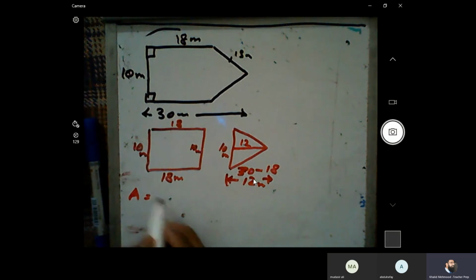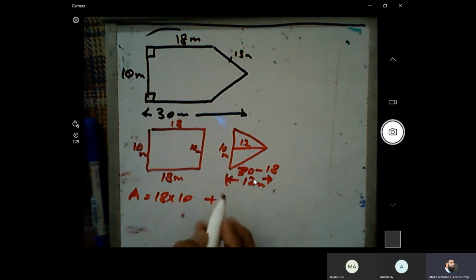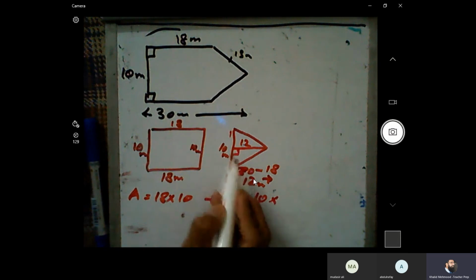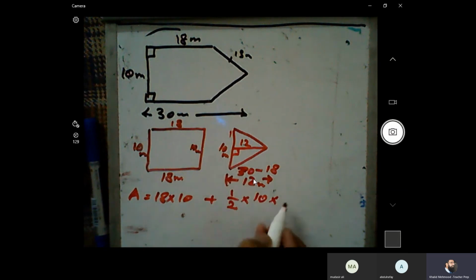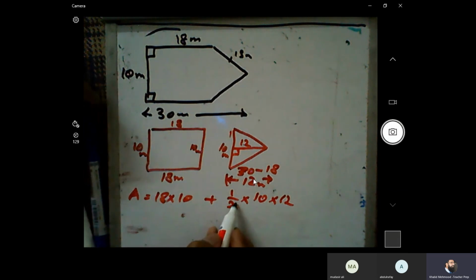So we can say that area is equal to base into height, your length into breadth. So 18 multiplied by 10, plus the triangle area. The triangle area's formula is 1 upon 2 into base into height. Now this is the base, the outer base length 10, and the perpendicular height, which is 12. So now we could see that simplification is possible. In the previous example there was no simplification possible, but right now it is.